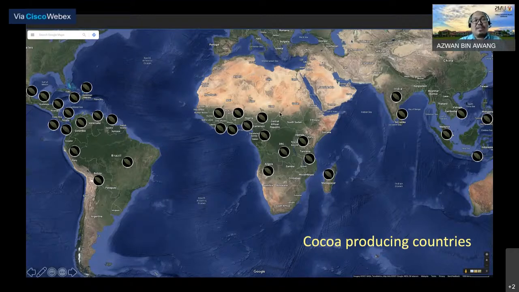It started in the Amazon basin in Central America, but now it is planted mostly in tropical countries, including our country Malaysia and our neighbors Vietnam and the Philippines, and of course Indonesia. 70% of the production of cocoa is from countries like Cote d'Ivoire, which produces a lot of cocoa, and also Ghana, and also Indonesia. 70% are coming from them.